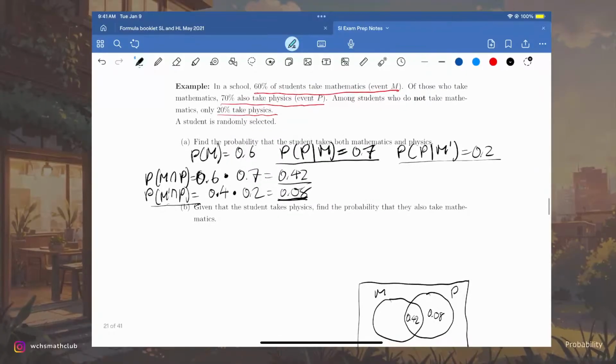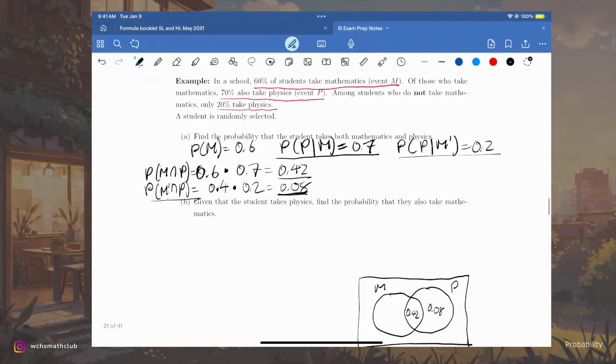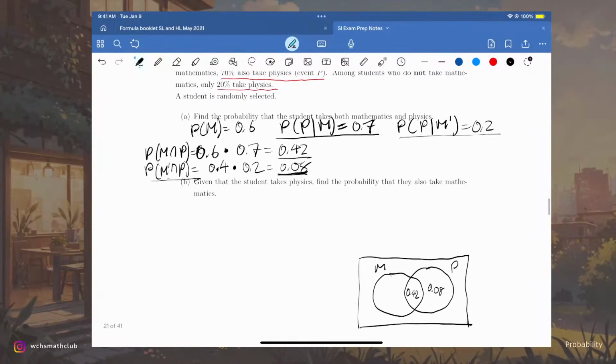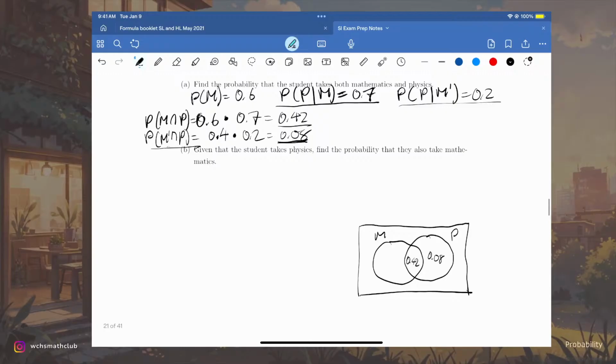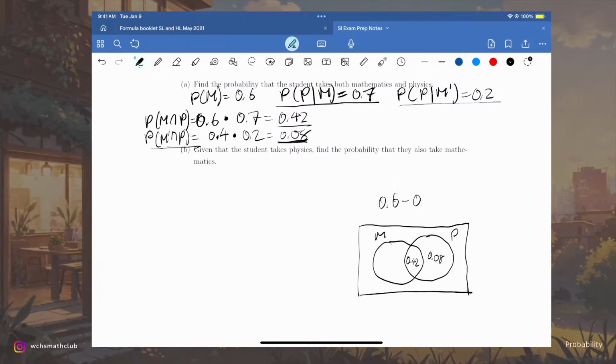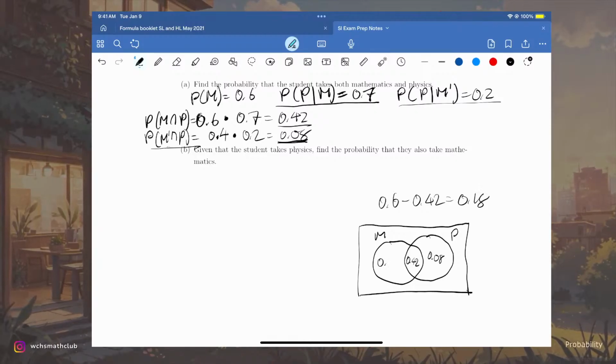And now let's see what other information they give. The probability of mathematics is 0.6 in total. So we already have 0.42 that take both math and physics. So the ones that only take mathematics, that's just 0.6 minus 0.42 equals 0.18 over here.